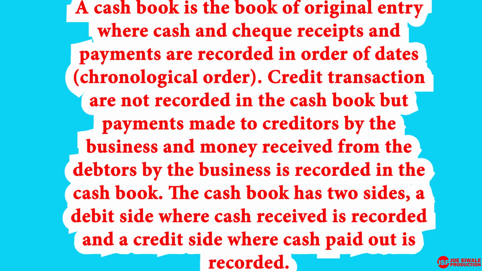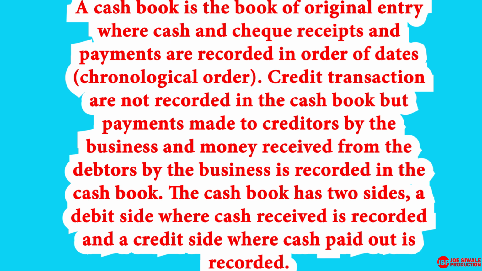A cash book is a book of original entry where cash and check receipts and payments are recorded in order of dates. And that means that these are recorded in chronological order. Credit transactions are not recorded in the cash book, but payments made to creditors by the business and money received from the debtors by the business is recorded in the cash book.